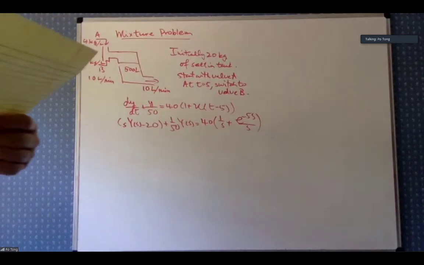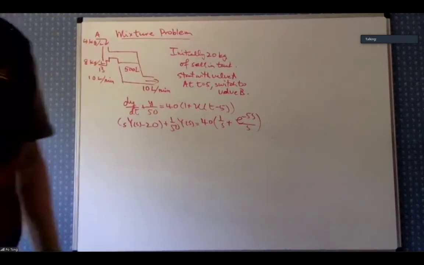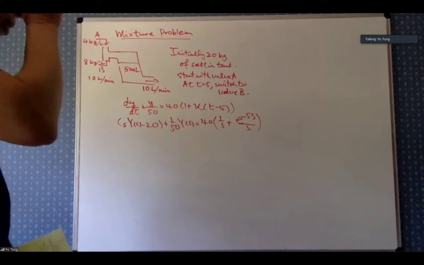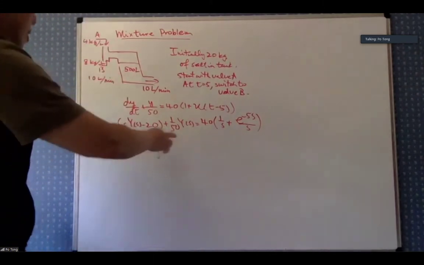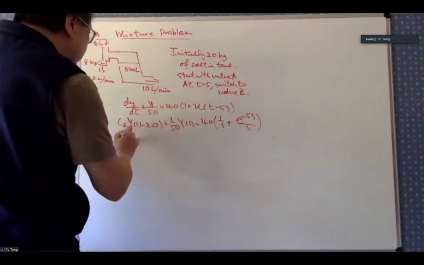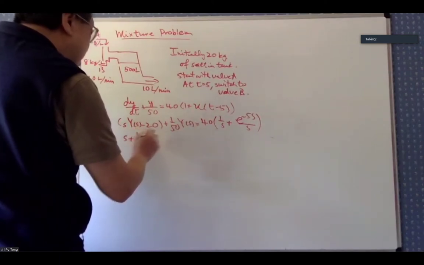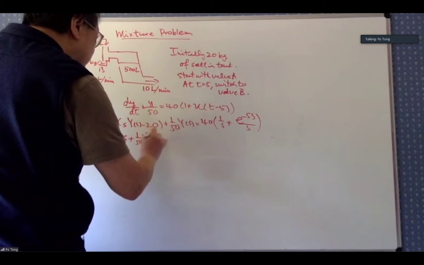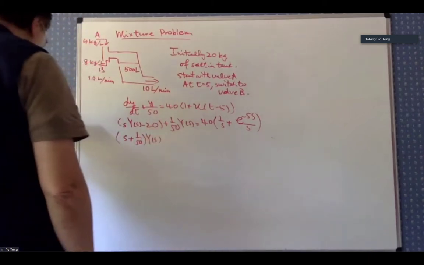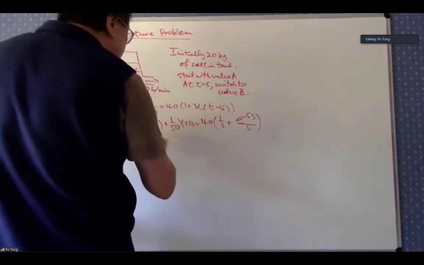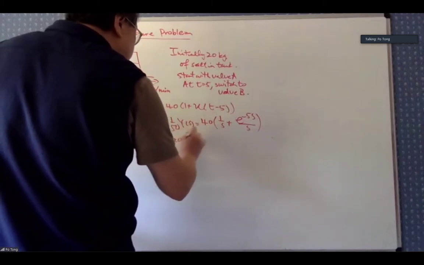So what do we do next? We need to isolate this Y(s) here. So it will be s plus 1 over 50, Y(s), equal to this 20 moved to the other side.